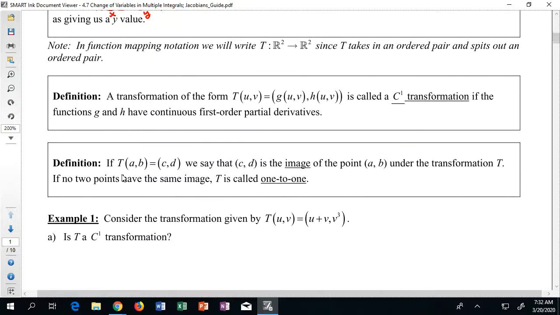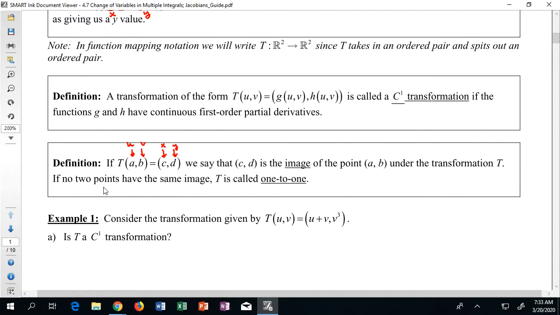Okay. We can also say here that if I have a T, again, keep in mind it's taking in the values of a u and a v, and it's spitting out the values of an x and a y. And we can say that (c,d) is the image of the point (a,b). It's what (a,b) gets transformed into. It's the image under that transformation.